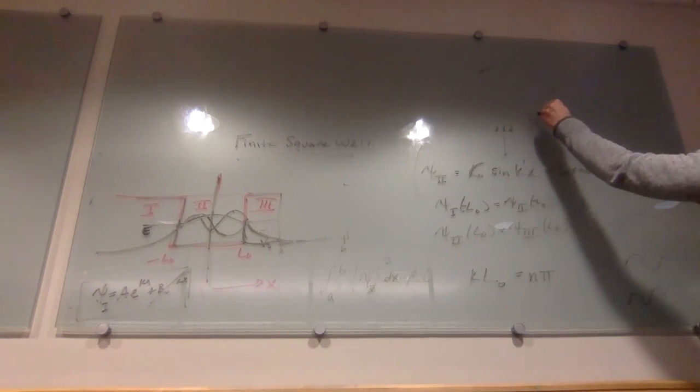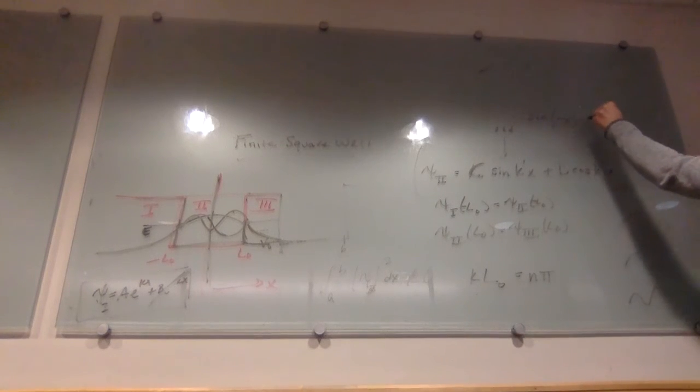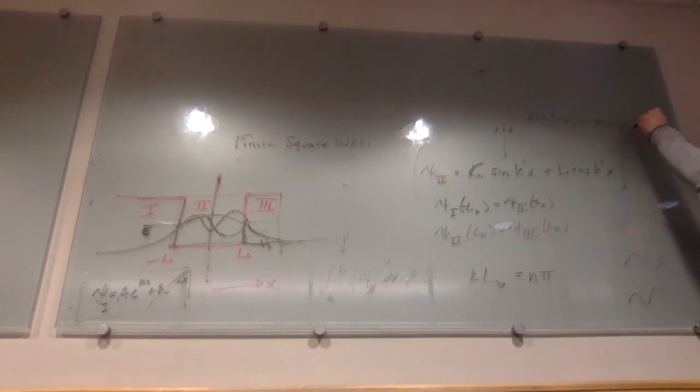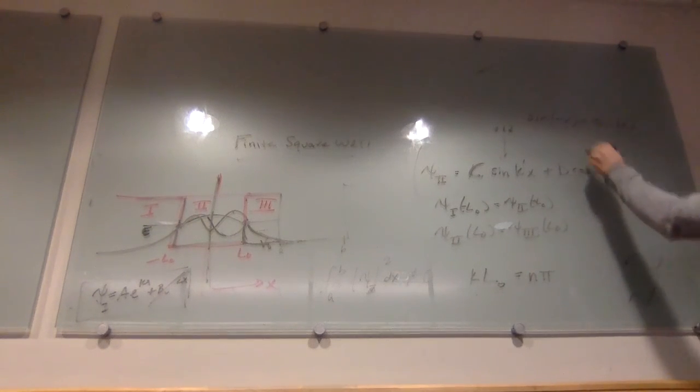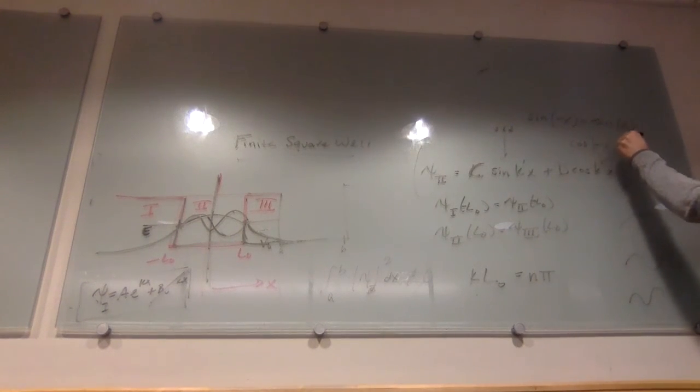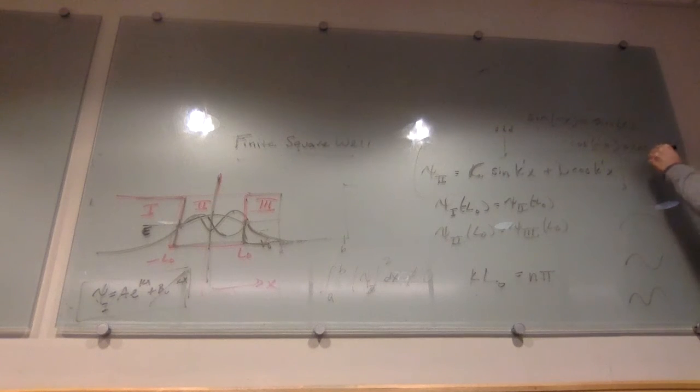Because sine of minus x is equal to minus sine x. Cosine of minus x is equal to cosine x. This is even. So you can imagine this statement means it's a mirror: the same value appears on the left side as the right side. This means that the negative value appears on the right side as on the left side. This is odd.